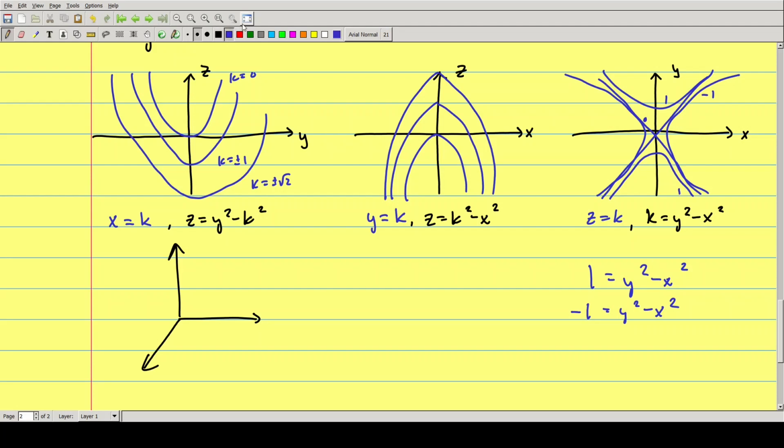All right. So we have x and y and z, and our level sets here are in x. So our cutting planes are sort of parallel with the screen.